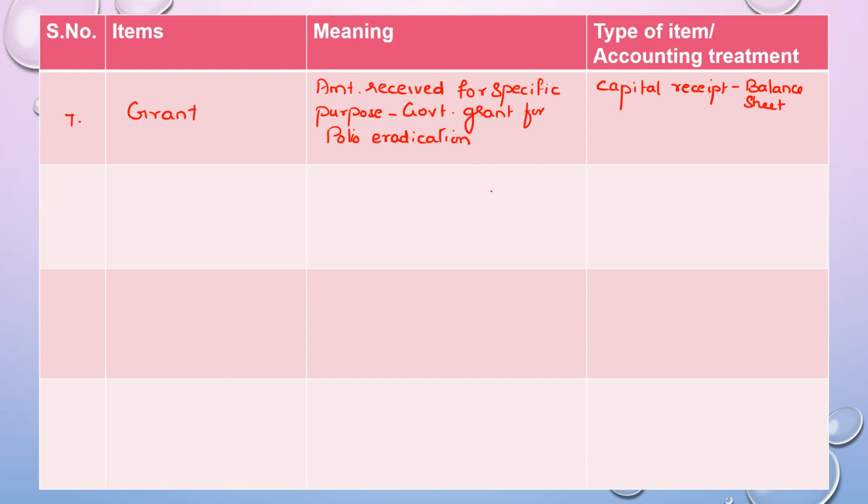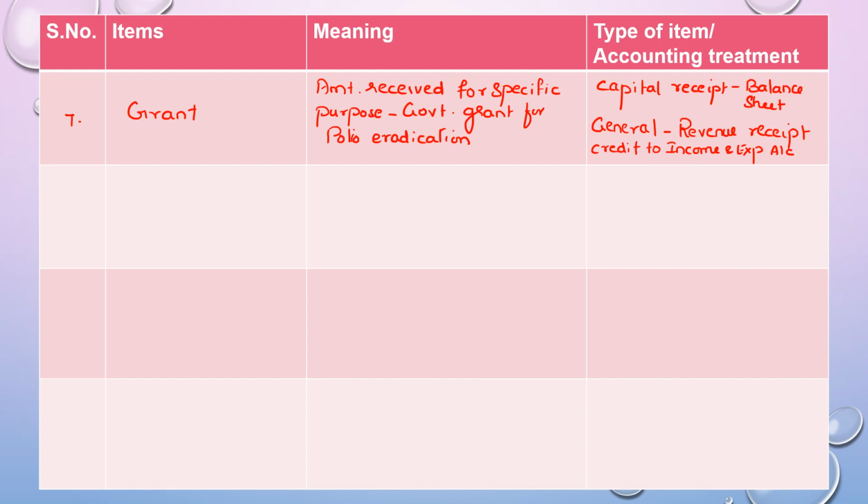But if the purpose has not been specified, if the government has just given a grant, being a charitable organization, and the grant is of general nature, then you can treat it as a revenue receipt. And by now, you would know how to treat a revenue receipt. We would be crediting it to the income and expenditure account.